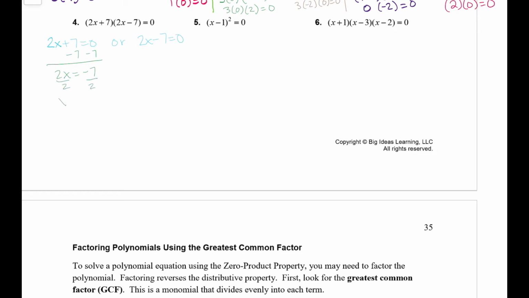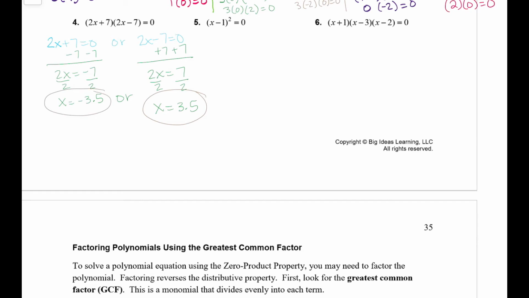We divide both sides by 2, and x will equal negative 7 over 2, or negative 3.5. On the other equation, we're going to add 7 to both sides, so we get 2x equals 7, and we divide by 2, and x will equal positive 3.5 there.